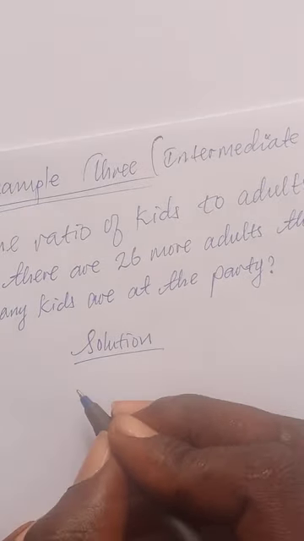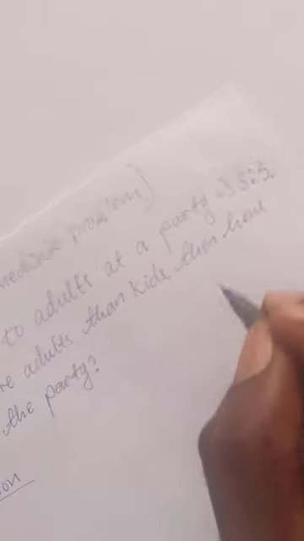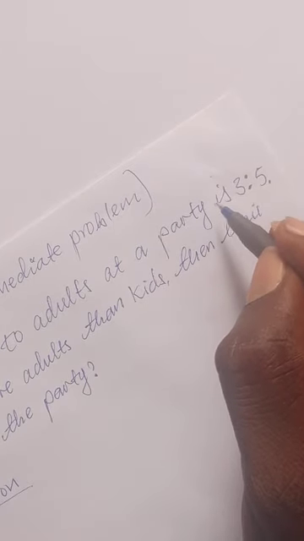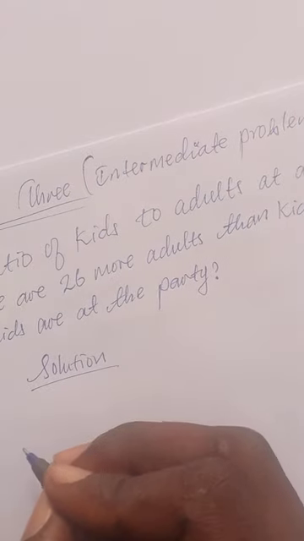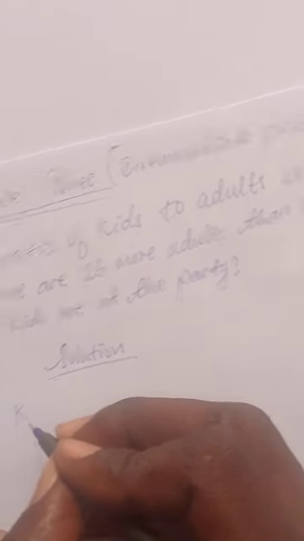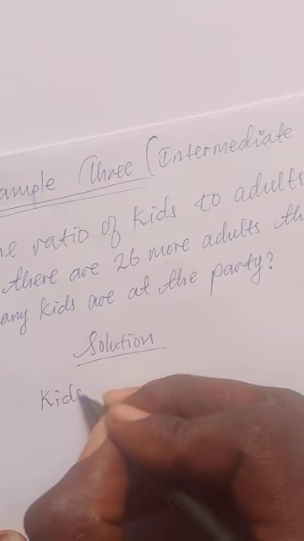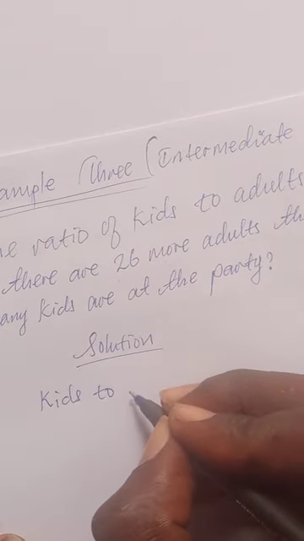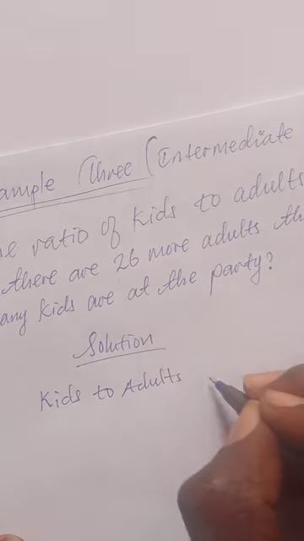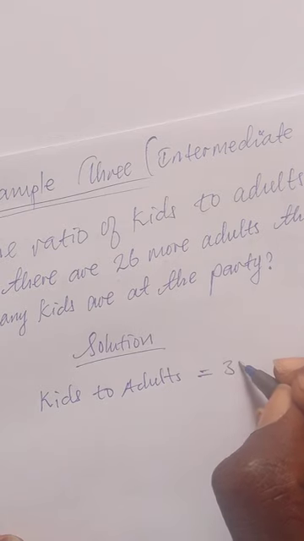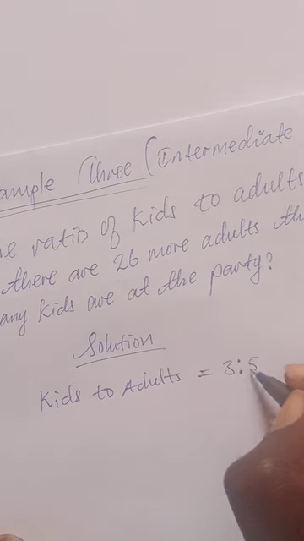Now, I want you to remember that the ratio of kids to adults is 3:5. So, let's bring it: kids to adults is 3:5.